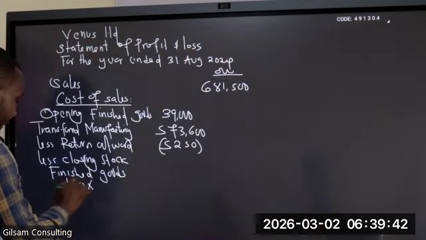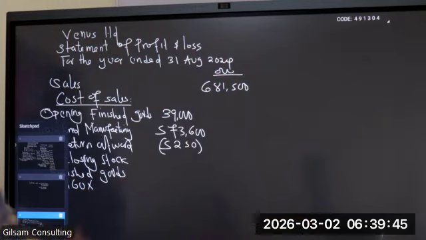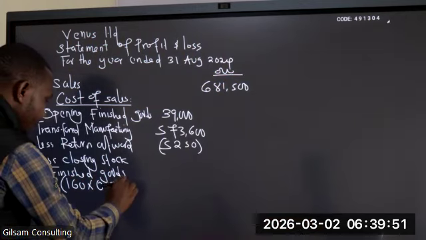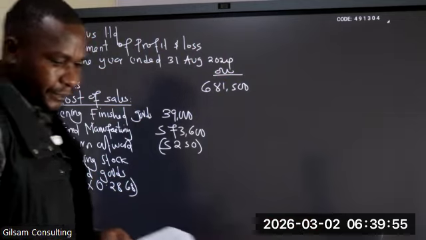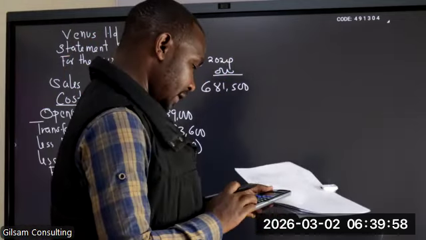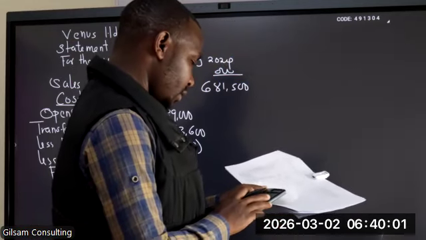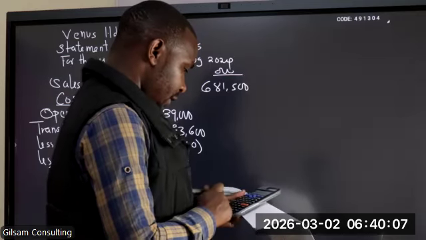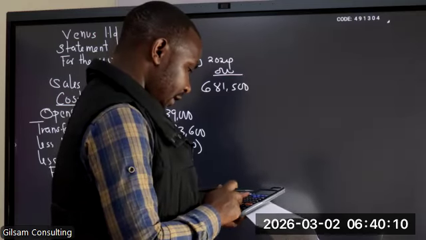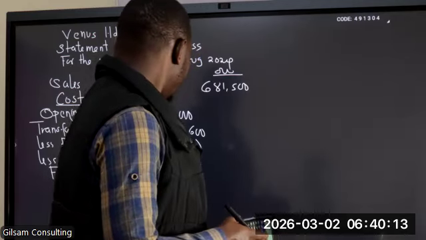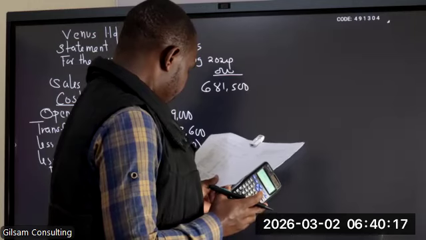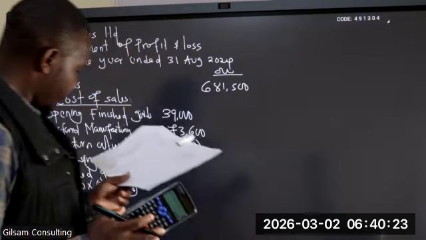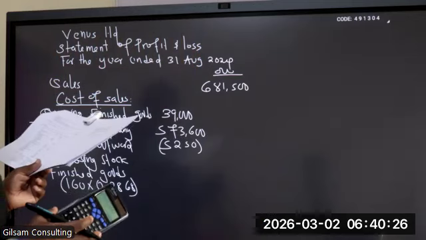So 160 multiplied by the cost per unit, which is 0.2868.